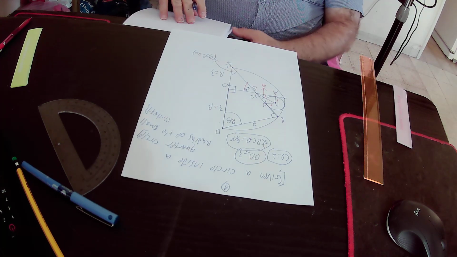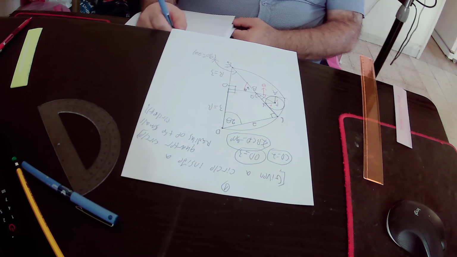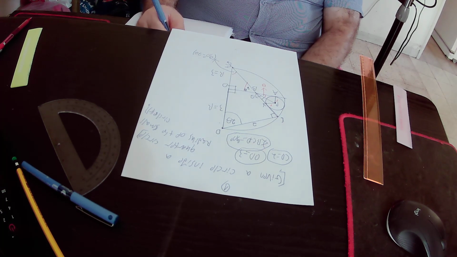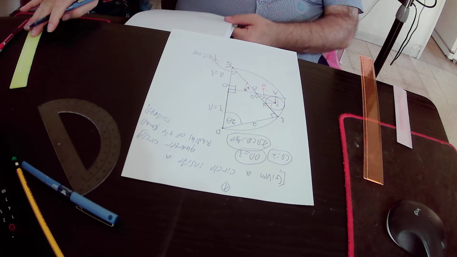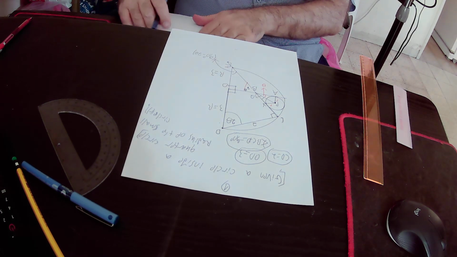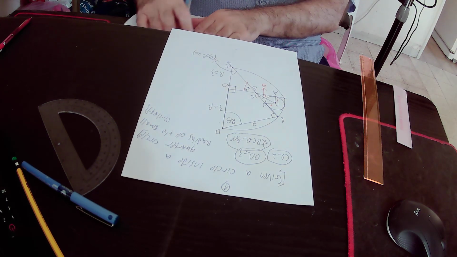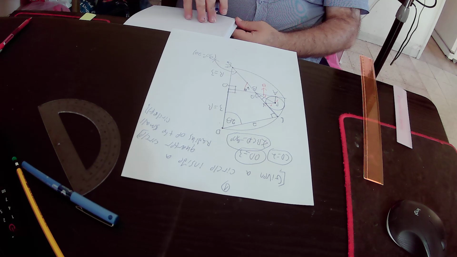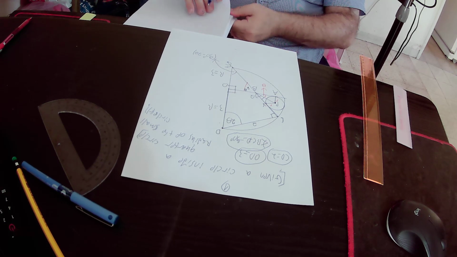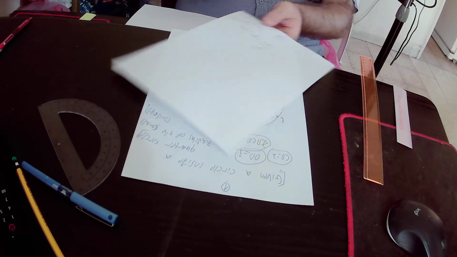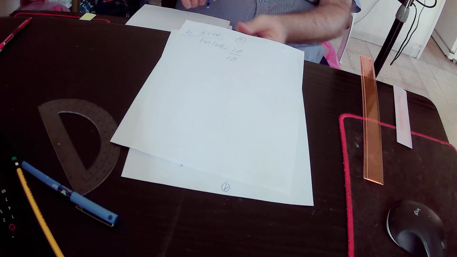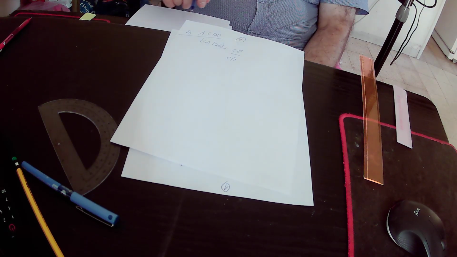Okay, again, in the right triangle, triangle CDE, tangent 2 theta equals CE over CD.